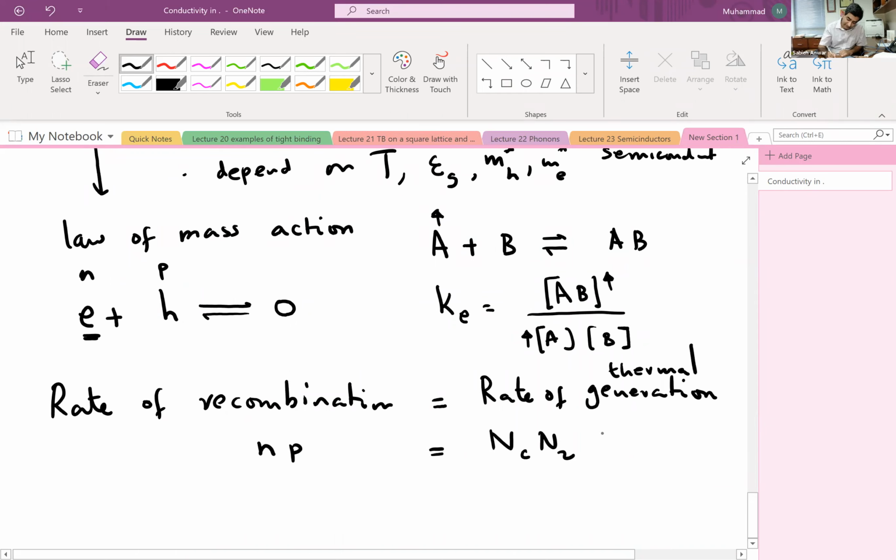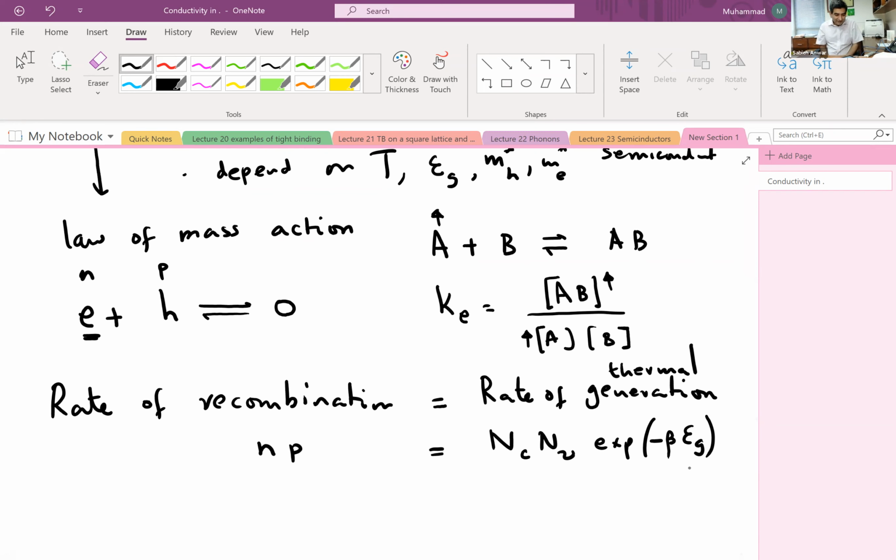So the law of mass action is simply a statement of equilibrium, and it holds true for intrinsic as well as extrinsic semiconductors. All right. Any questions about this?